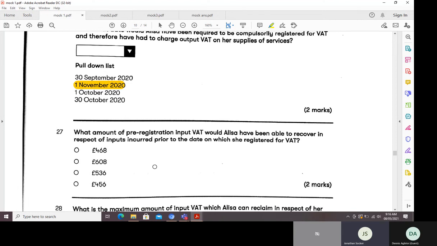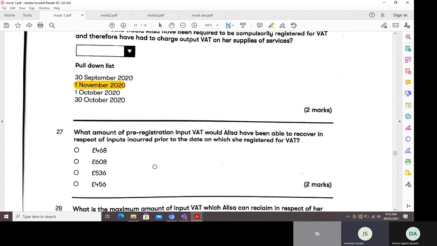It means that the service should not be incurred for more than 6 months up to the date of registration. And then for goods and fixed assets, the goods must not be bought for more than 4 years. So they should be within a 4 year period up to the date of registration.